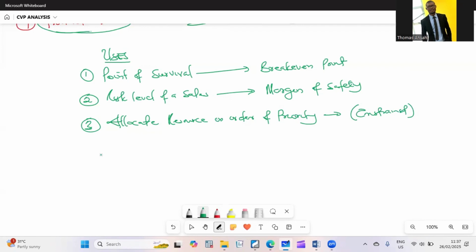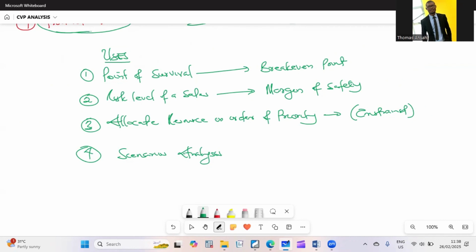Lastly, we use this CVP analysis to do scenario analysis. I told you that it is a what-if concept. So we use it to learn what if this changes. We use this to simulate the effect of different scenarios that can happen to an entity.